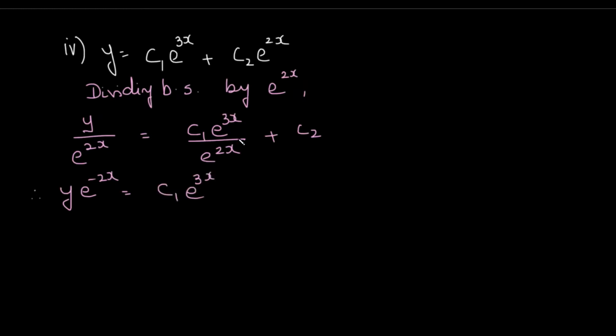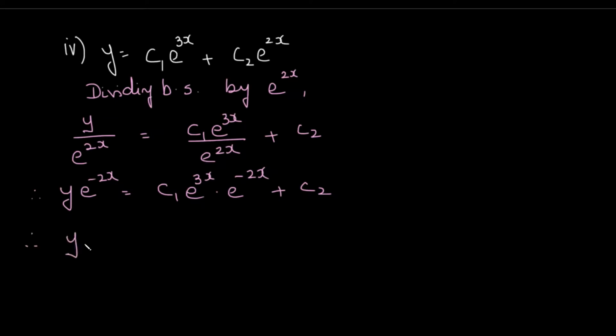Now when we take e raised to 2x to the numerator, when two similar terms are multiplied, their powers are added actually. So in this case, e raised to 2x comes to the numerator, it becomes e raised to minus 2x. So this becomes e raised to minus 2x plus c2, and in the next step, both the powers can be added together when we combine the terms.